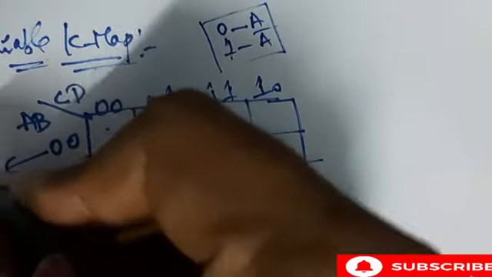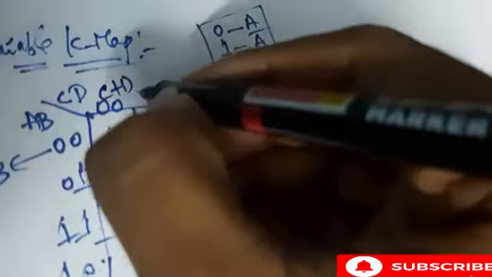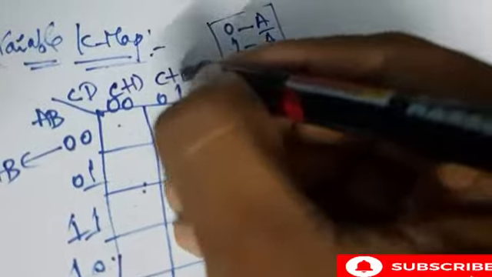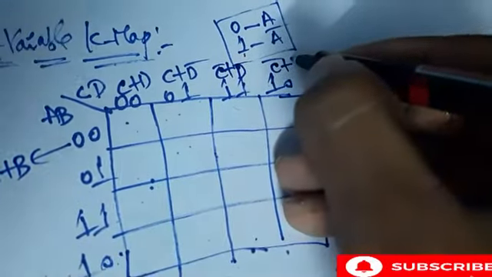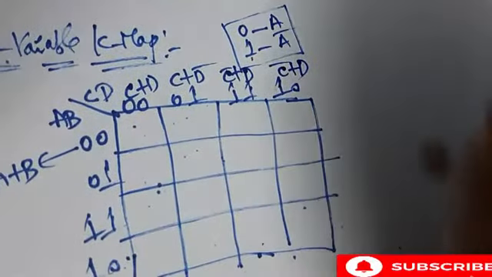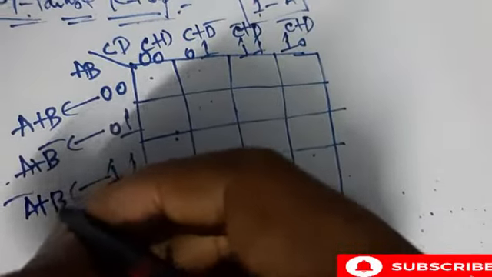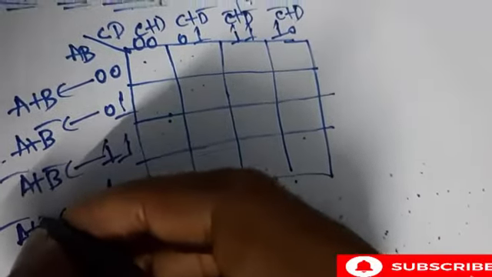A plus B, here C plus D, this will be the C plus D bar, this will be the C bar plus D bar, this will be the C bar plus D. Hence this will be the A plus B bar, this will be the A bar plus B bar, this will be the A bar plus B.